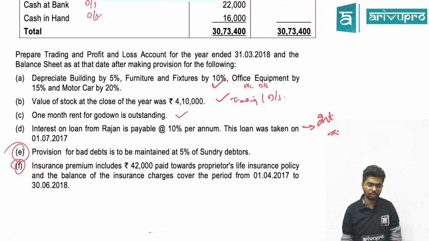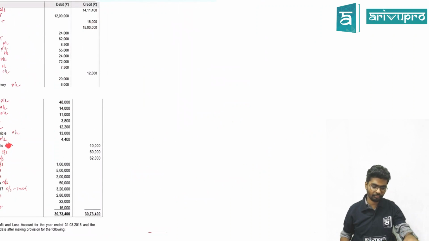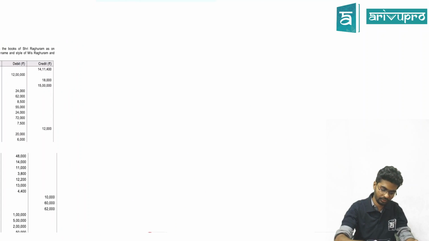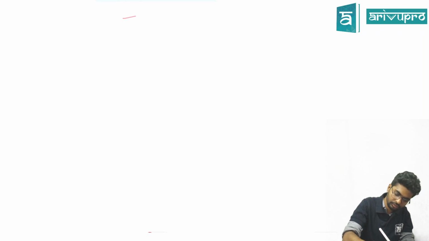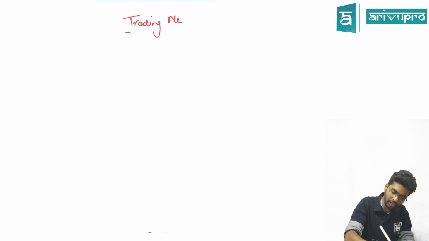Done. Now we'll make our life simpler. What we will do is, except these items where there is a star mark, everything else we will fill up. So let's start first. Trading account.